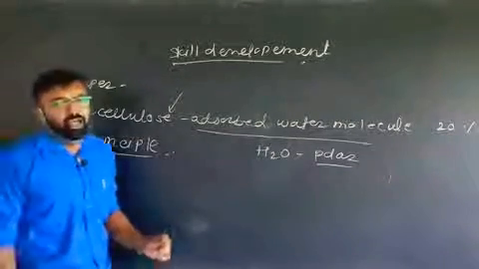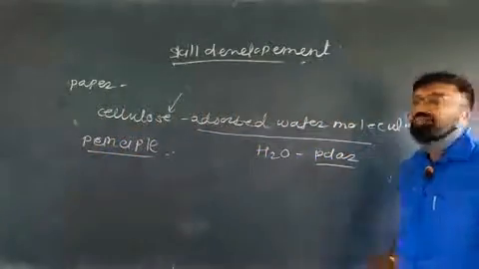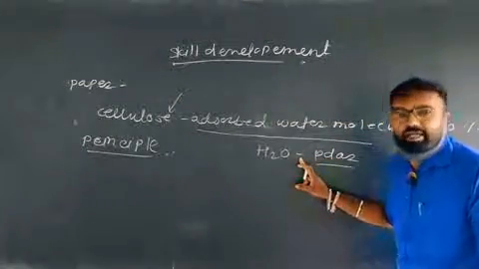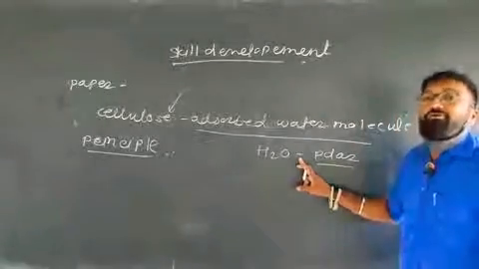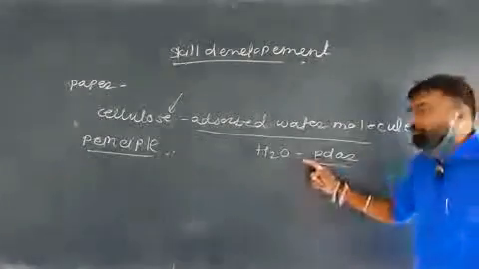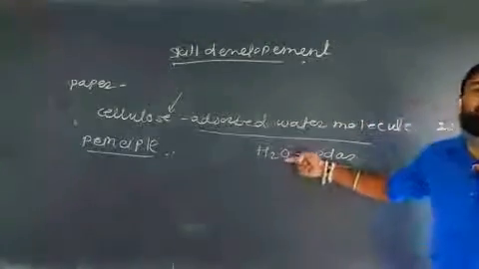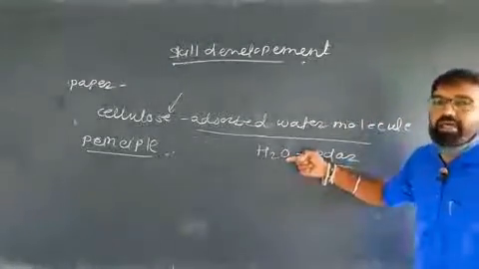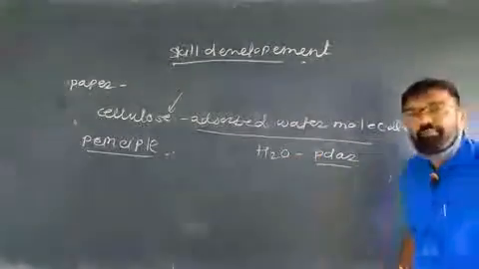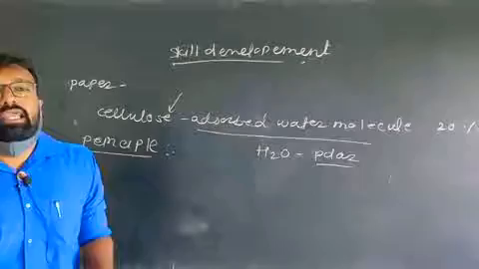That is, the components of the analyte which have strong affinity towards the polar stationary phase, water, will be moved less by the mobile phase, while the non-polar components, having less affinity towards the polar stationary phase, will be moved strongly by the non-polar mobile phase. On this simple phenomenon, the working of paper chromatography takes place.